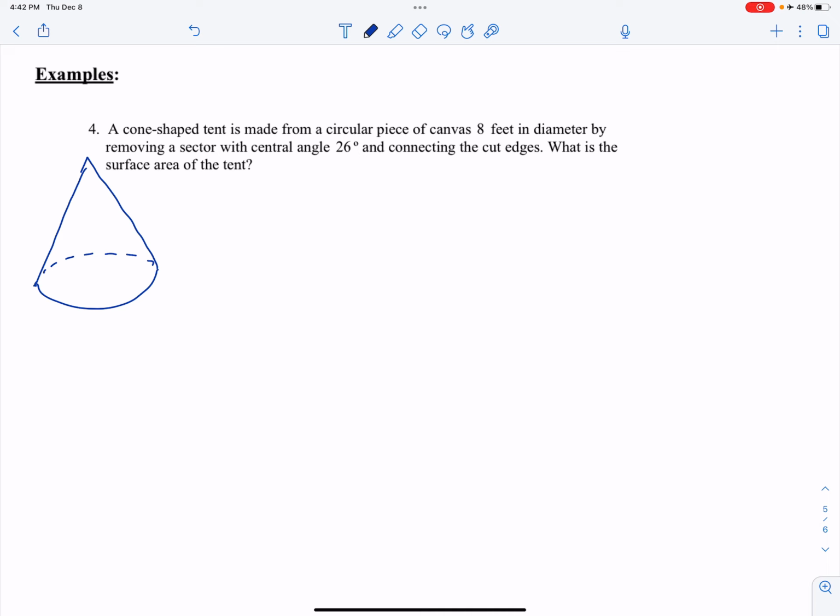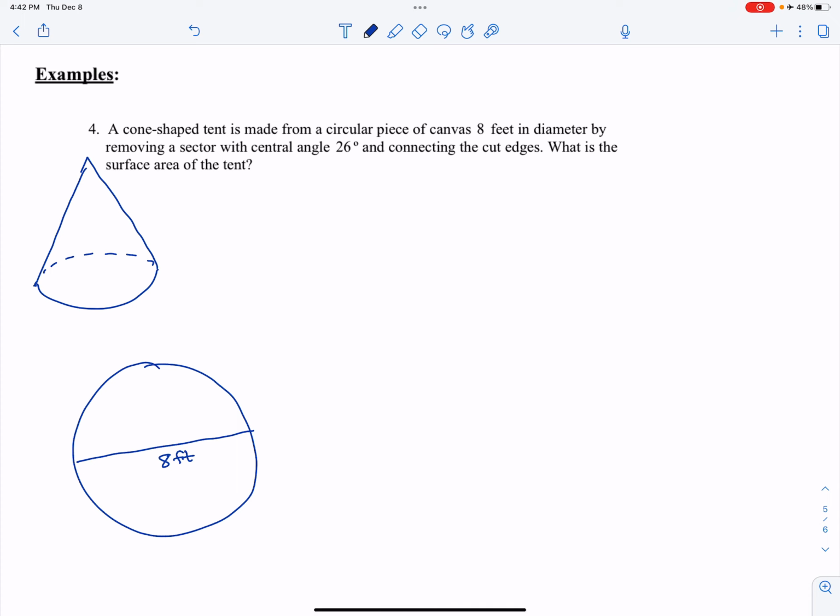And if we look at how the tent was made, it tells us that they took a circular piece of canvas, and it has a diameter of 8 feet.